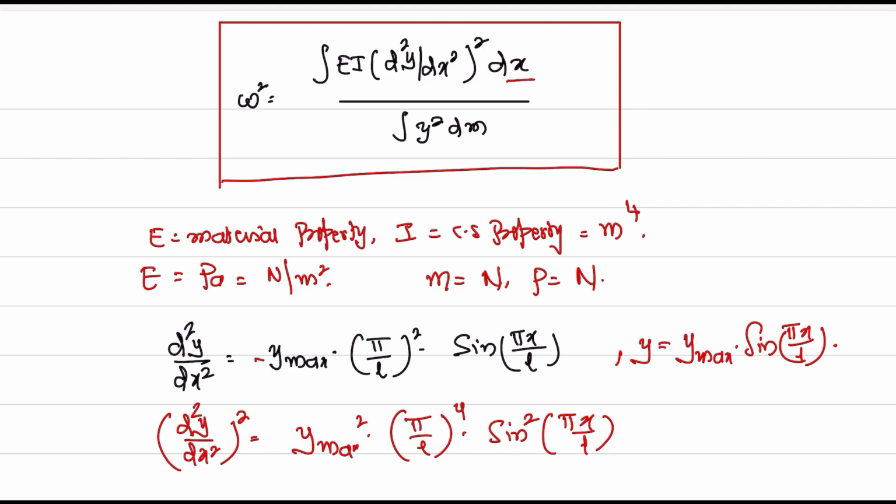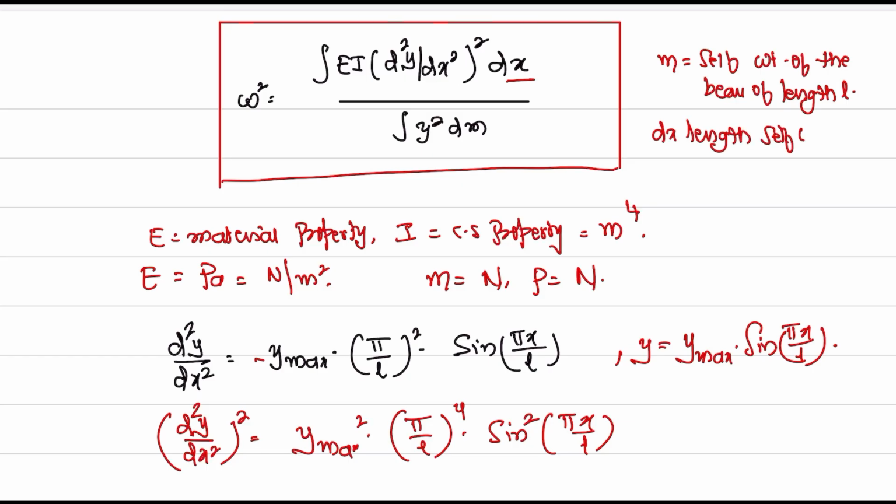dm. Integral y square dm. M is the self weight of the beam of length L. For a dx length, the self weight will be m into dx by L. Please try to understand this.